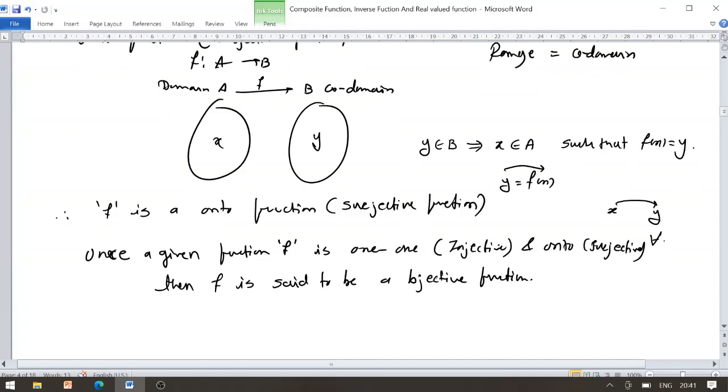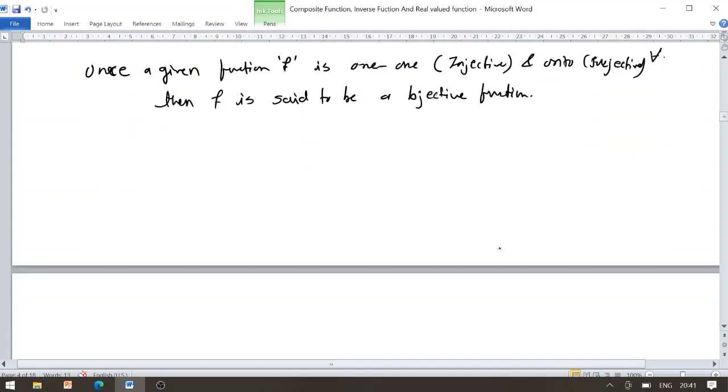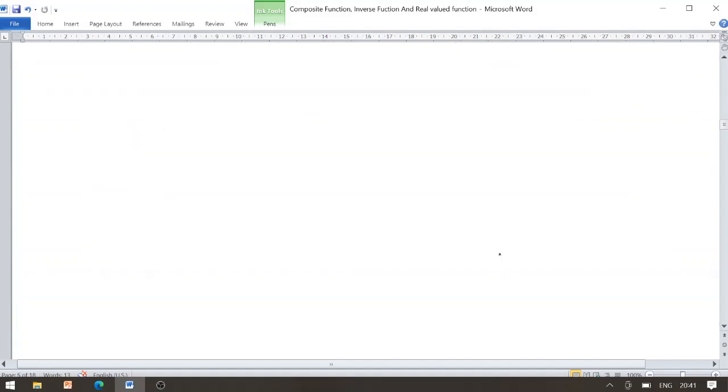So how to find now the inverse of the given function? Suppose we have f as a function from A to B, it is one-one and onto. Once the given function is one-one and onto, then its inverse, meaning f inverse, exists. So what does it imply exactly, the f inverse or inverse of the given function?